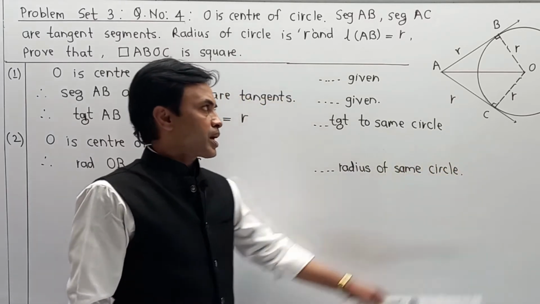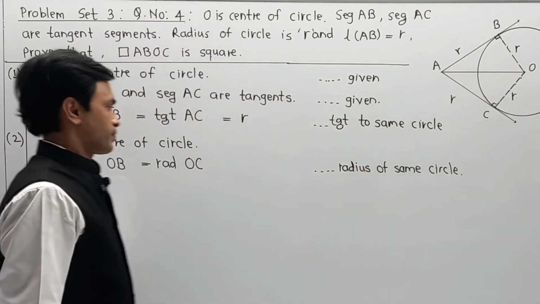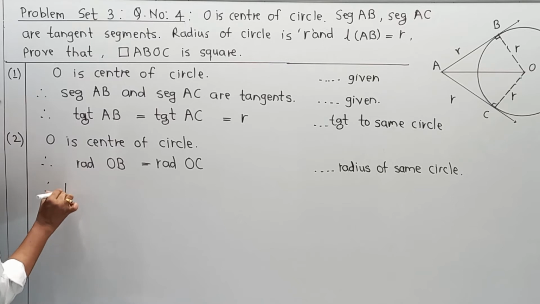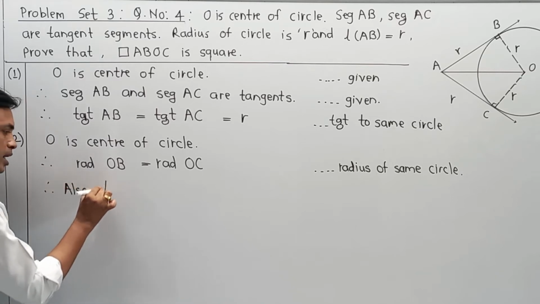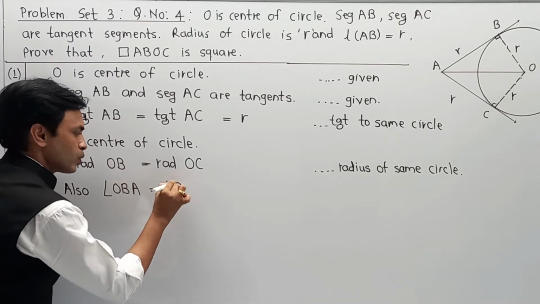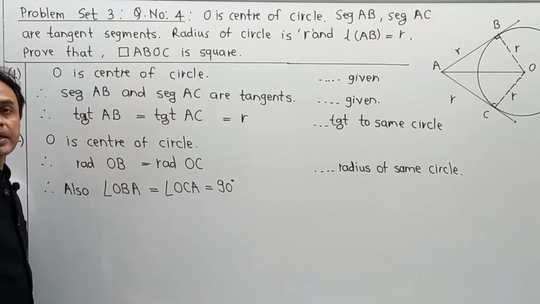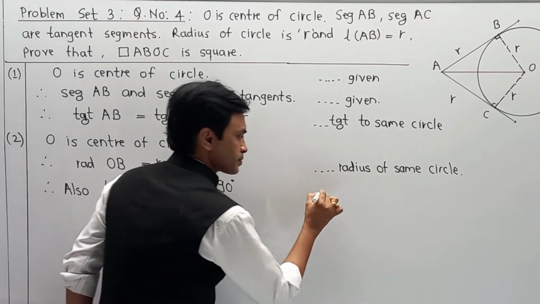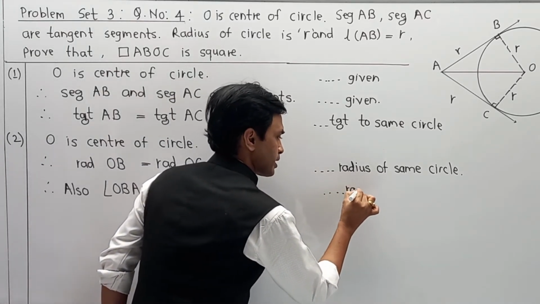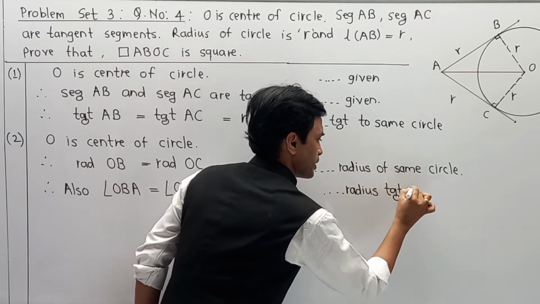Also we can have angle OBA equal to angle OCA, which is equal to 90 degrees, and the reason is the radius-tangent property.